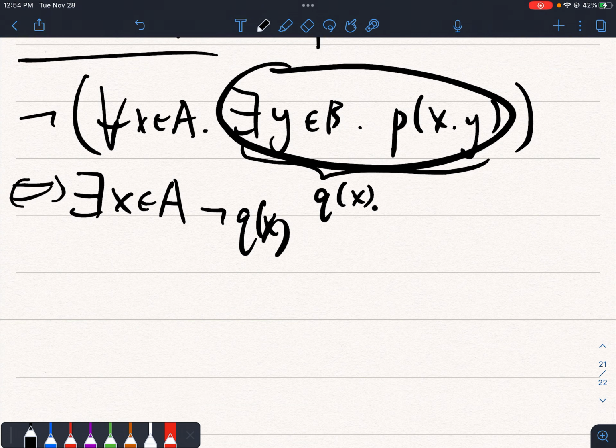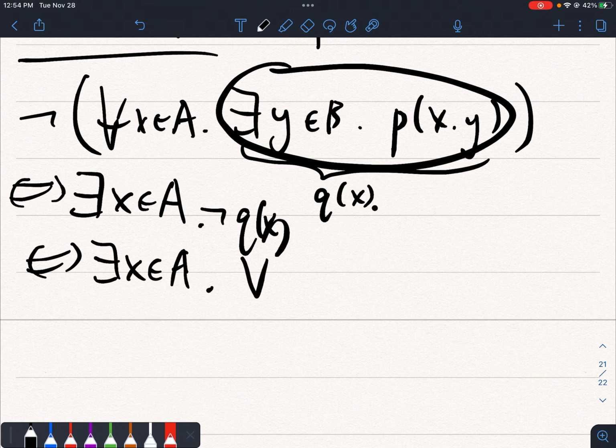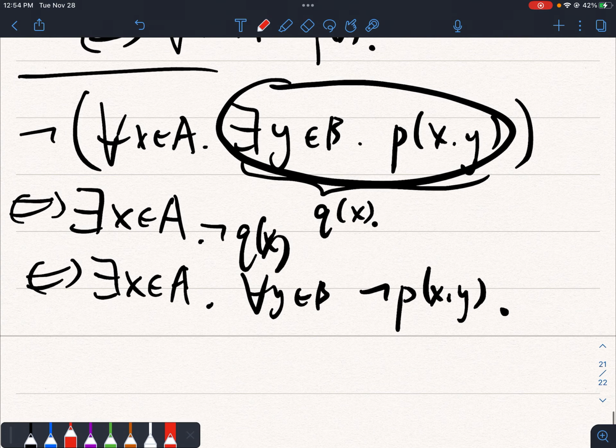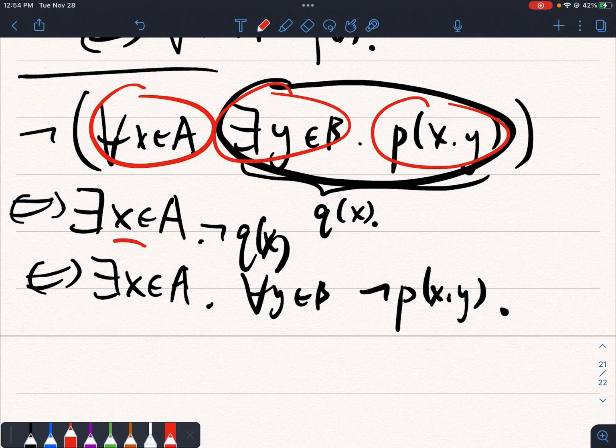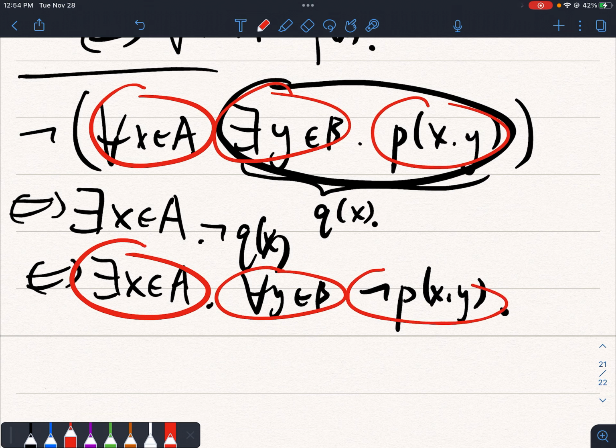And then this Q of x is also in the quantifier, it's there exists, so by the second criterion, this is for all y in B, we have not P of x, y. So if we look at the original statement, it is for all, there exists, P. And now it becomes there exists, for all, not P. So we don't actually need this intermediate step.